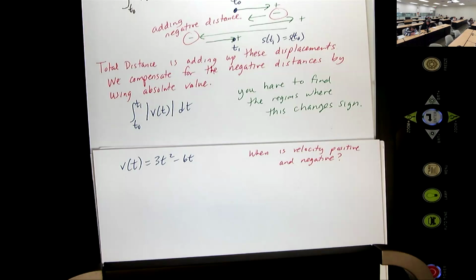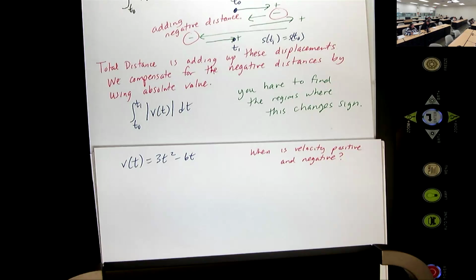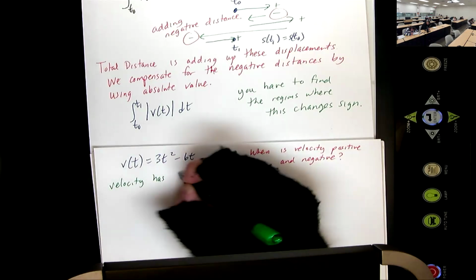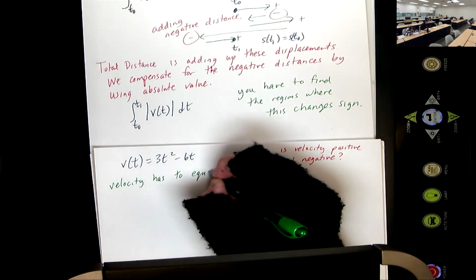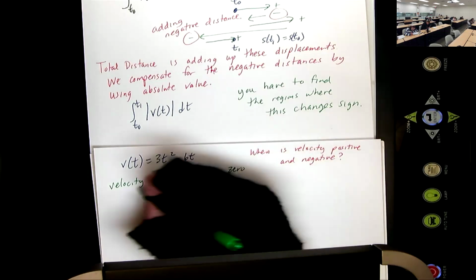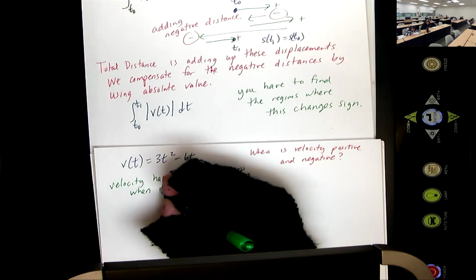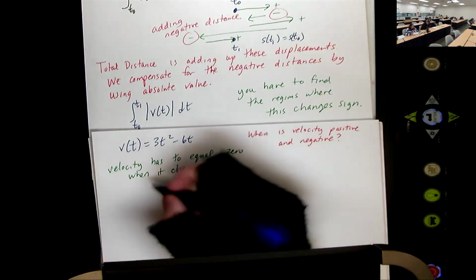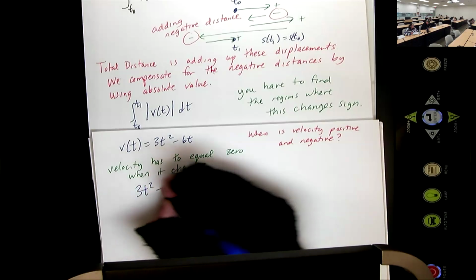What's happening when it changes from a negative velocity to a positive velocity? The velocity has to be zero when it changes. So let's set it equal to zero and find what t's cause this to happen.